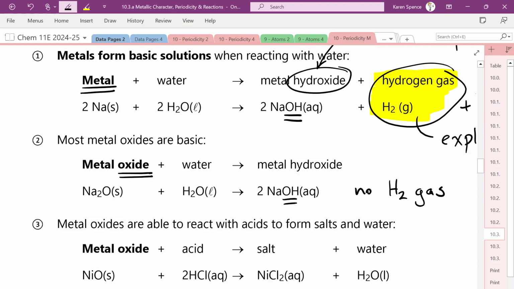So do you see how the reaction is basically the same, except there's no hydrogen gas? I don't think you need to know this one, but if you take a metal oxide and put it with an acid, you'll get a salt and water.